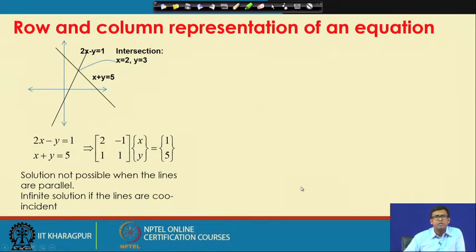Now, a solution is not possible if the lines are parallel, as there will not be any intersection point. If one line is coincident on the other, any point on that line will be a solution, so there will be infinite solutions. In both cases the lines have exactly the same slope. In the first case the lines are parallel, no solution; when the lines are coincident, infinite solutions.